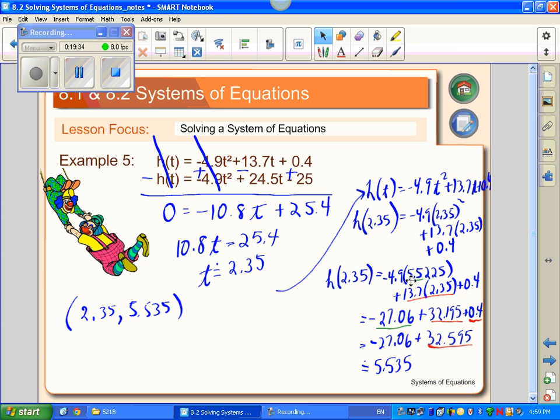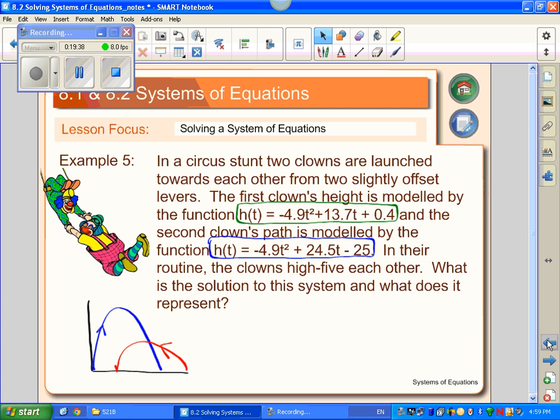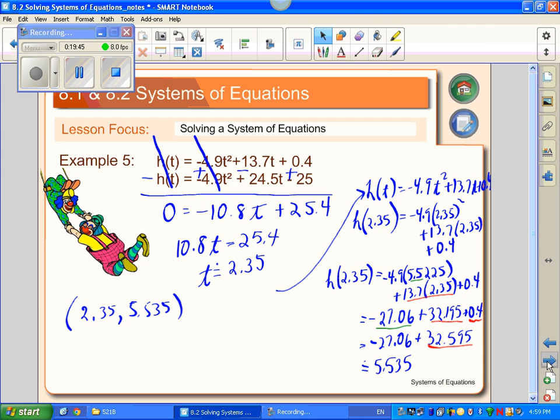What does that tell us? If we go back to what the original question was asking, what is that solution, and what does it represent? Well, this is representing time, and this is representing height.